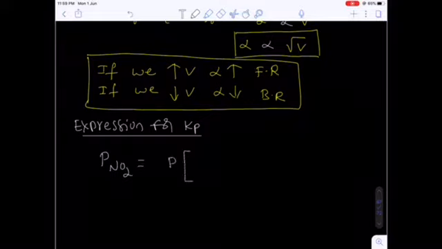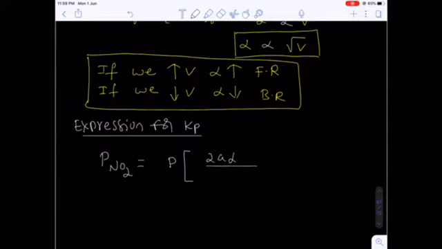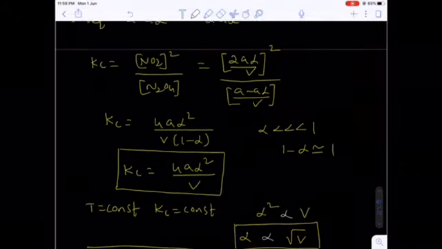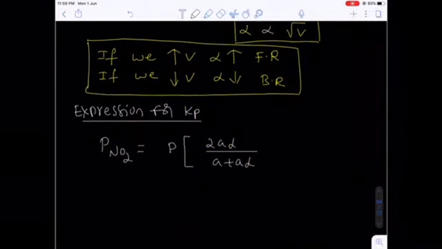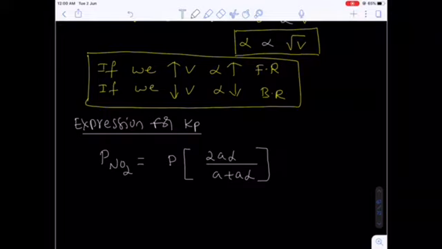Partial pressure of NO2, directly I am writing total pressure multiplied by mole fraction of NO2. NO2 number of moles 2A alpha divided by total number of moles A plus A alpha, because here A minus A alpha plus 2A alpha gives A plus A alpha, that is the total number of moles at equilibrium.